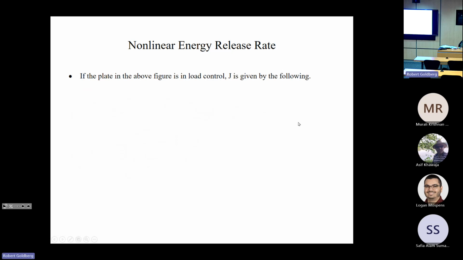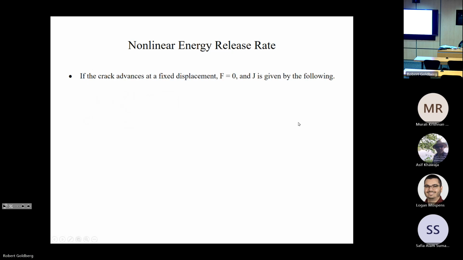And for the case, so if our plate is in load control, we can also say that our nonlinear strain energy release rate is equal to the derivative of this complementary strain energy U star with respect to the crack length, where the load is what's controlled.